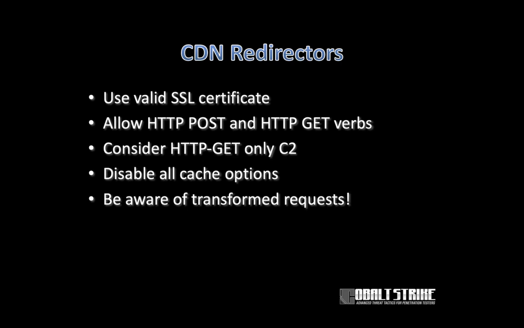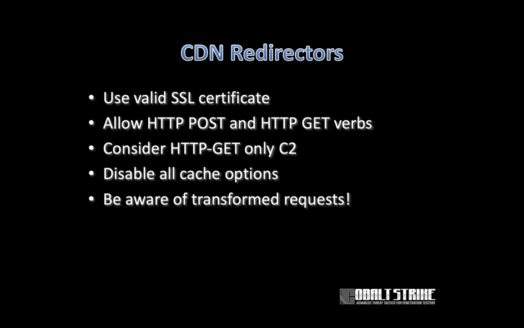I want to give some advice on using a content delivery network as a redirector. First, use a valid SSL certificate. These content delivery networks often require that. Second, make sure that your content delivery network configuration allows both post and get verbs to pass through to your team server.